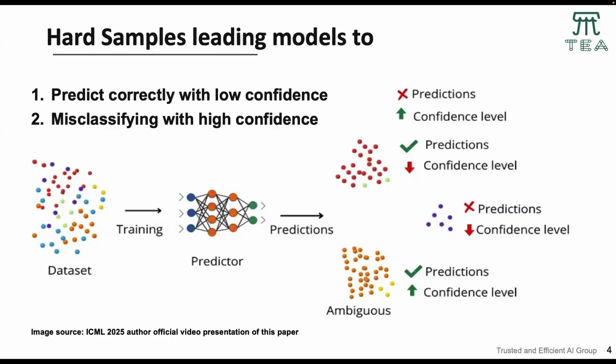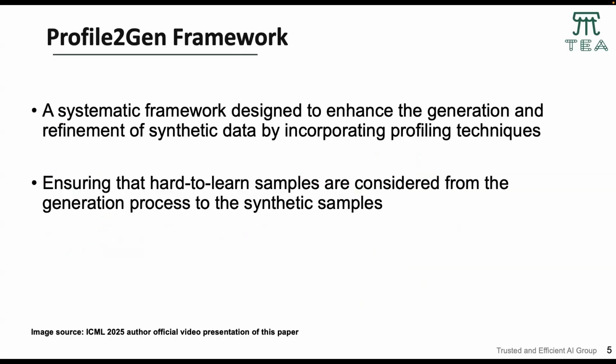Some cause models to have low confidence, but it usually gets a correct result. Some also cause models to struggle on the decision boundaries. These data are usually very detrimental to the model's overall performance.